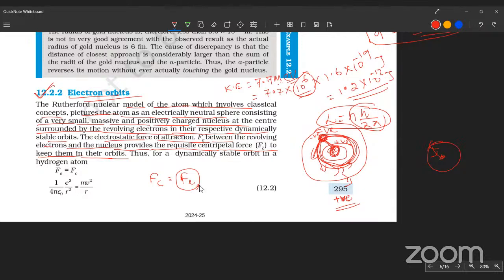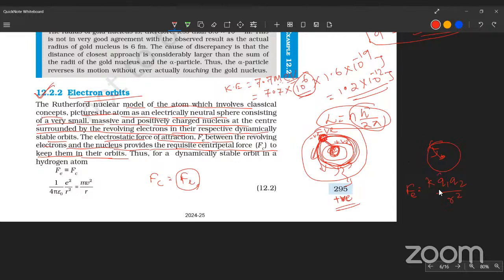So what is the electrostatic force between the electron and the nucleus? We know Coulomb's force, which we write as Fe equals K Q1 Q2 by R squared. That is the electrostatic force between the charge and the nucleus.